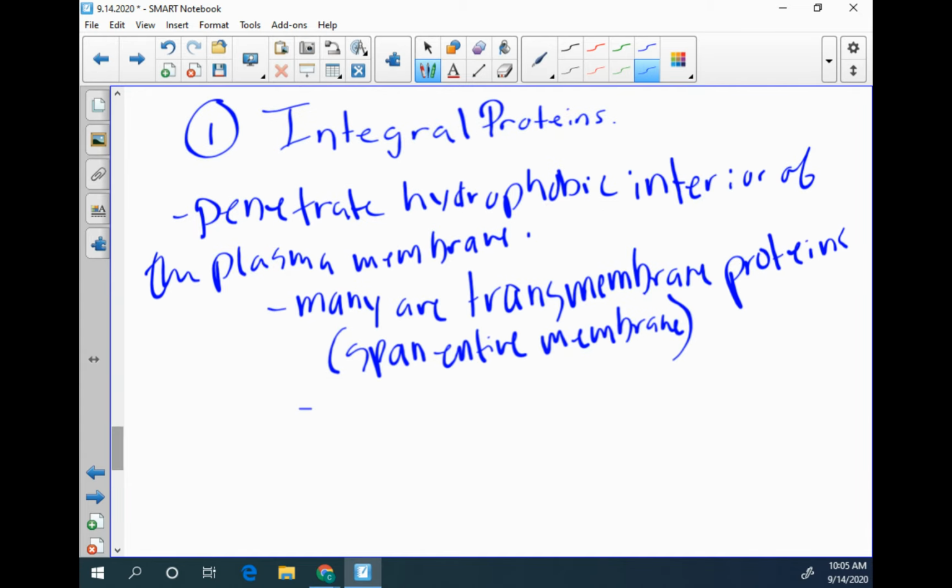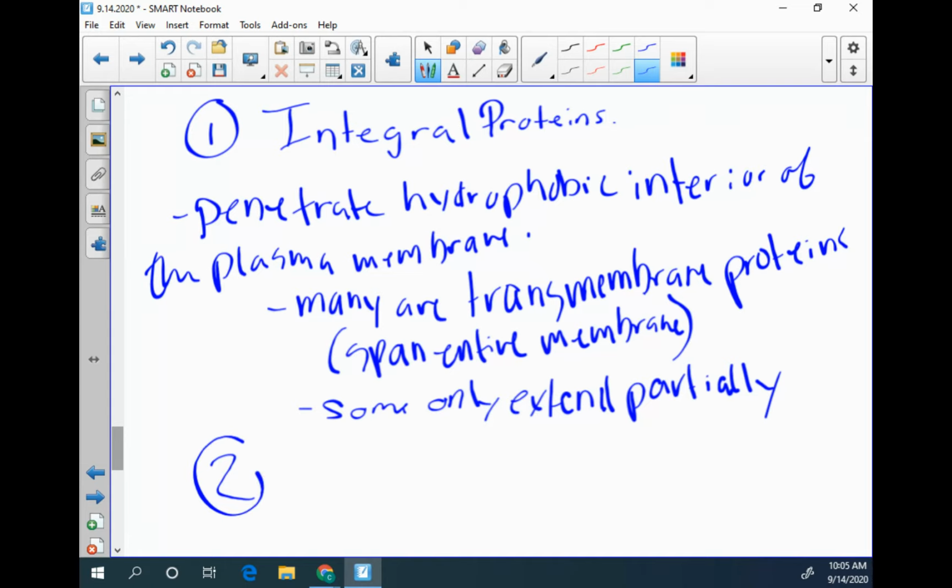Some only extend partially. So they still go into the plasma membrane, but they don't go all the way through. The other type of membrane proteins are called peripheral proteins.